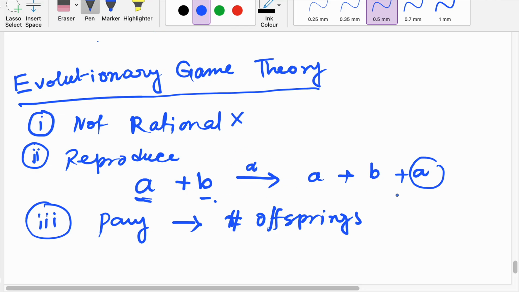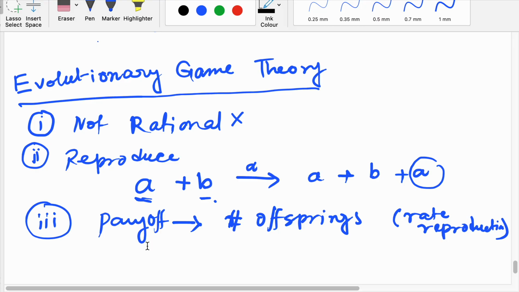So here it is the number of offspring, or you can say the rate of reproduction. Rate of reproduction is the payoff here in evolutionary game theory, not the subjective satisfaction, but the objective number: the rate of reproduction or the number of offspring that this A individual is getting while interacting with B individual will be characterized by the payoff.